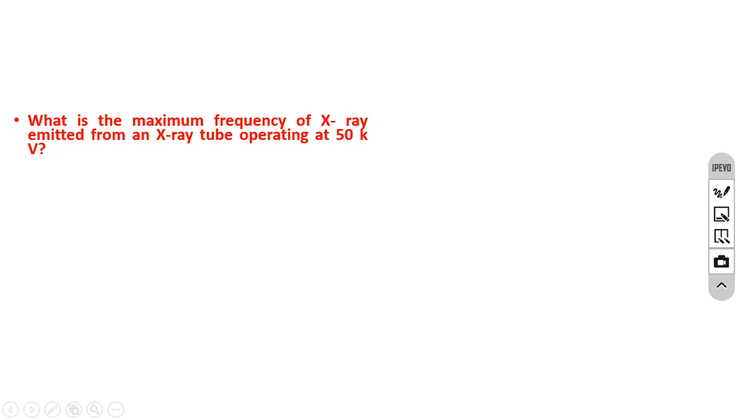You can pick an expression and check an expression that is suitable. Maximum frequency is suggested: E equals eV equals hf. So I will use hf because I've seen frequency as well. So we now say eV equals hf.